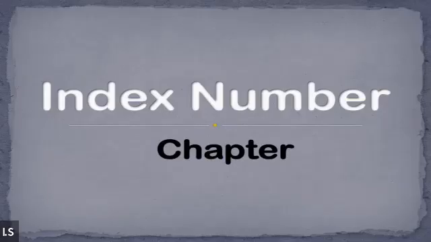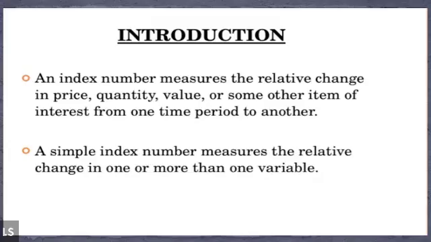Okay, now let's come to the definition. Let's cover it through the PowerPoint. So what is index number? An index number measures the relative change in price, quantity, or value, or some other item of interest from one time period to another time period. That means if there is change arising in any variable over a period of time, we can calculate it through index number.